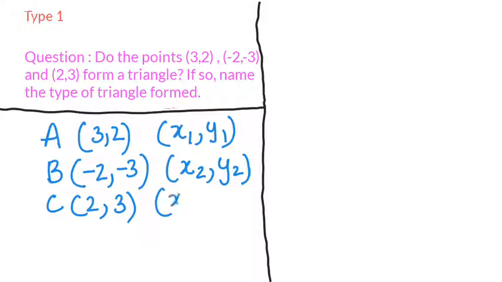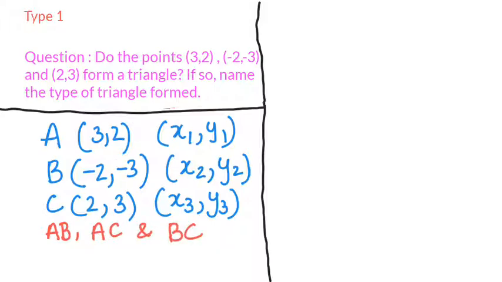This will be our (x3, y3). Okay, now let us find the distances AB, AC and BC, and then later on we will see whether the sum of any two sides of the triangle is greater than the third side or not.